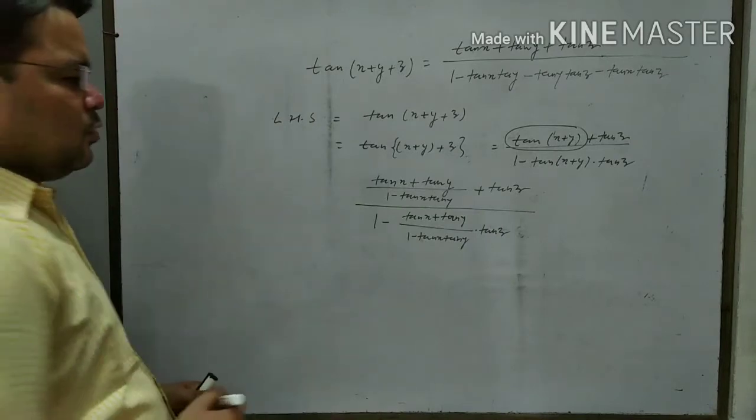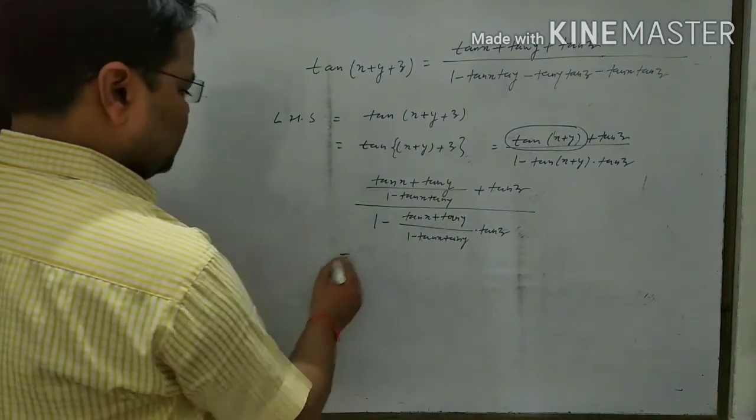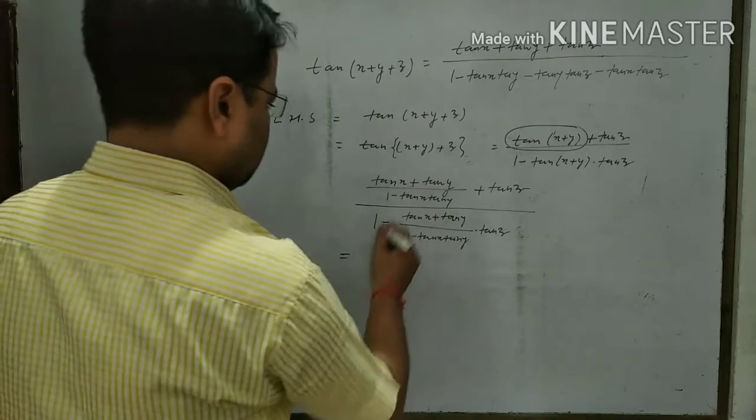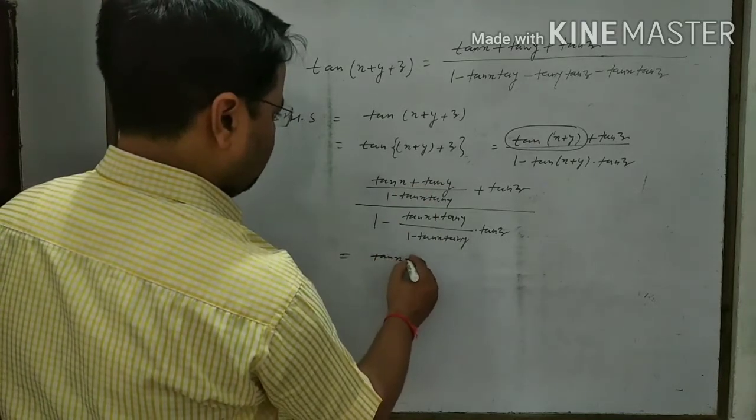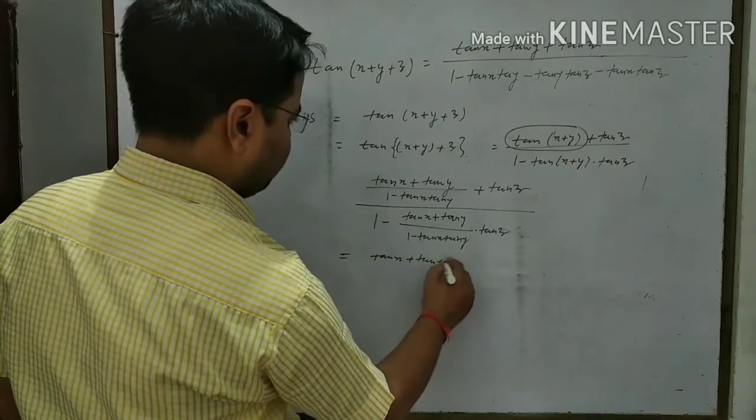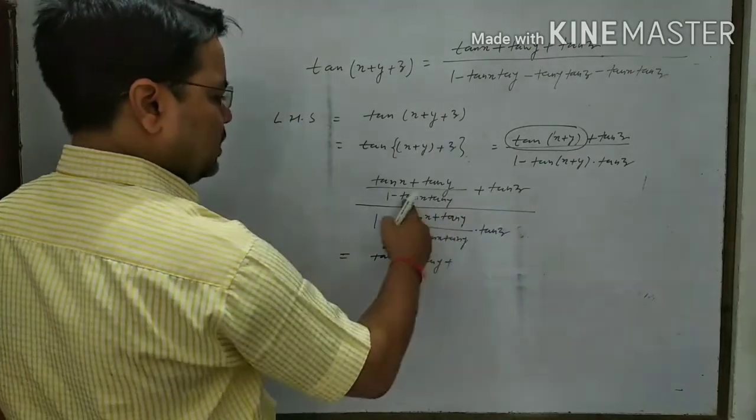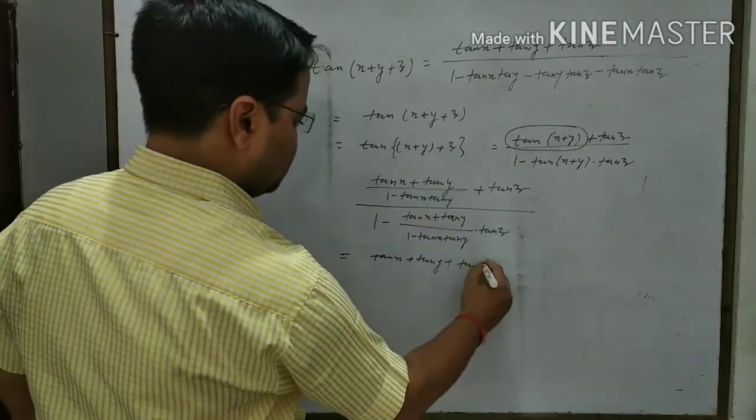Okay, now if we simplify this, then it will be tan x plus tan y, and here it will be tan z.